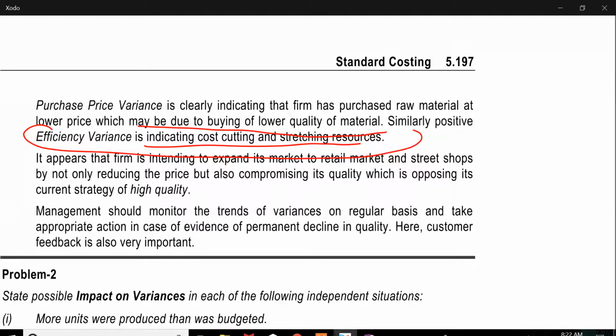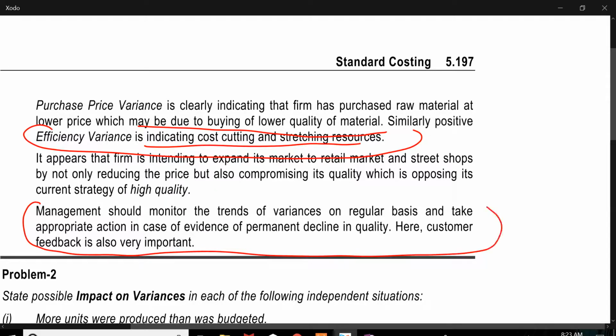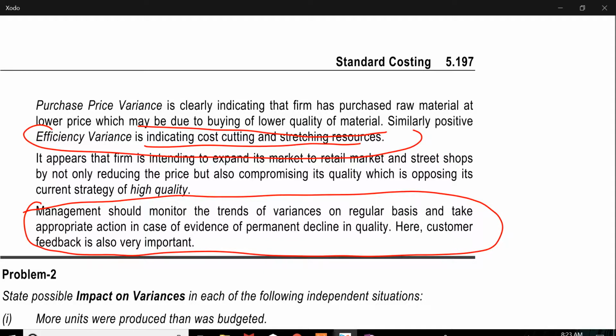Next, it appears that the firm is intending to expand into street shops by not only reducing the price but also compromising its quality, which is opposing its current strategy of high quality. Now this line which you see, you can end up writing in any case study. Management should monitor the trend of variances on a regular basis and take appropriate action in case of evidence of permanent decline in quality.